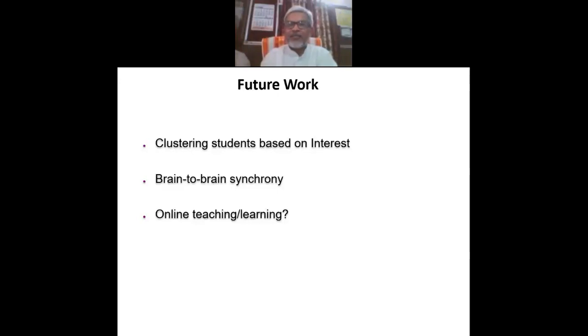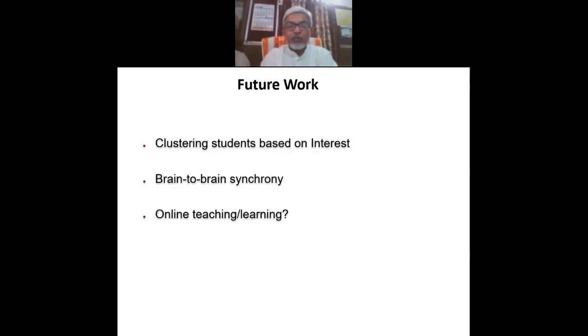So why not connect everything, that means the students among themselves, and at the same time the connection between the lecturer or the teacher and the students? What could we see in terms of the connections between the brains?